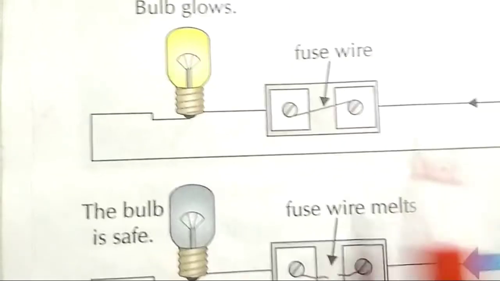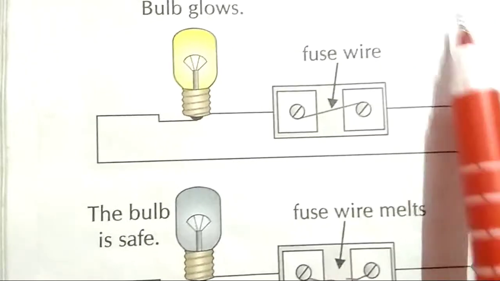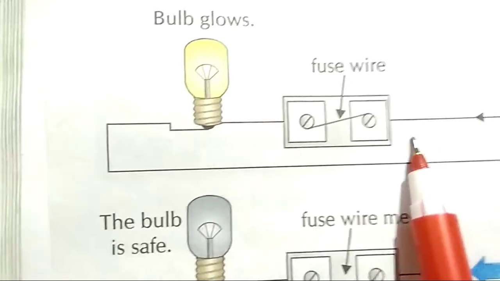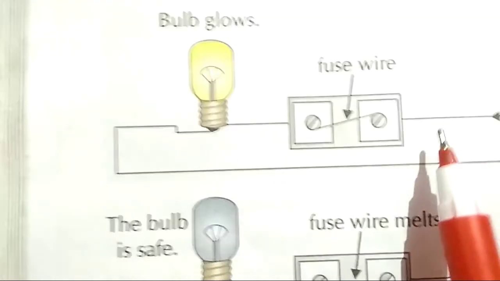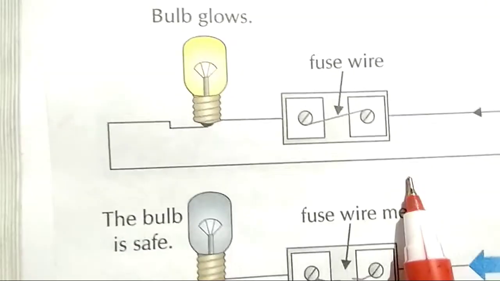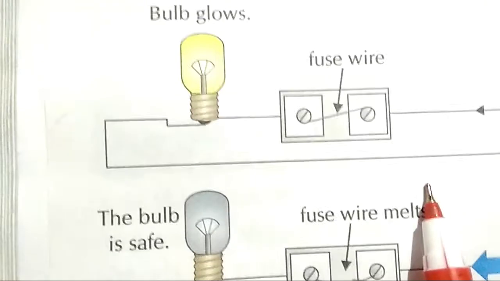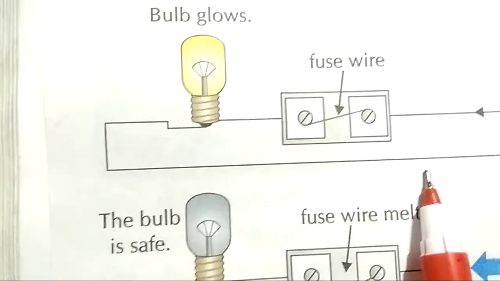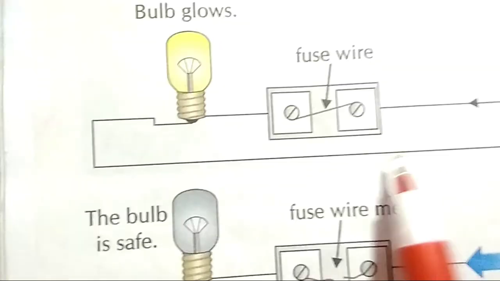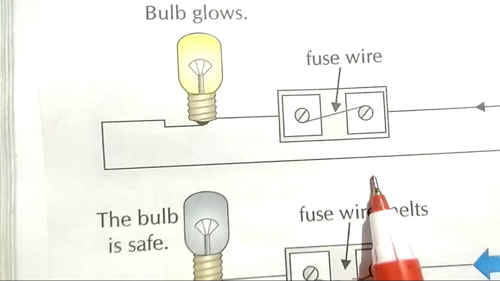When excessive current flows in the household circuit, the thin fuse wire gets heated too much and melts quickly. This breaks the circuit immediately, and the current stops flowing in the circuit.